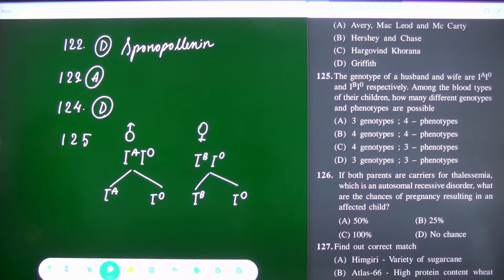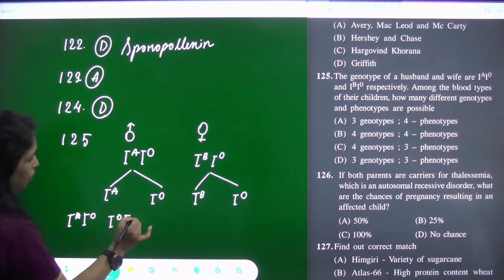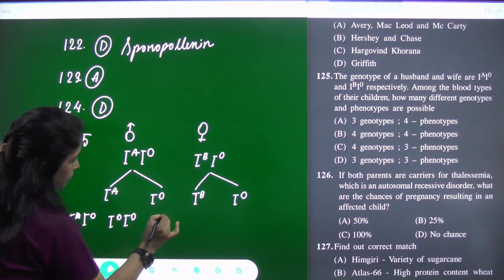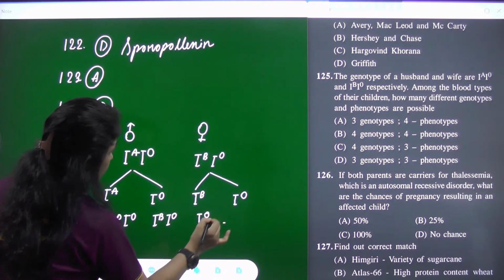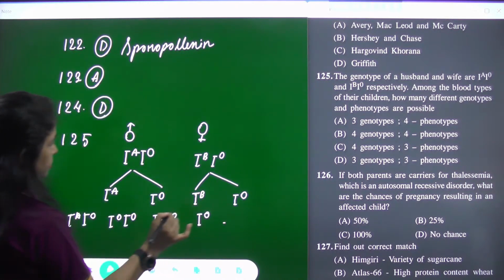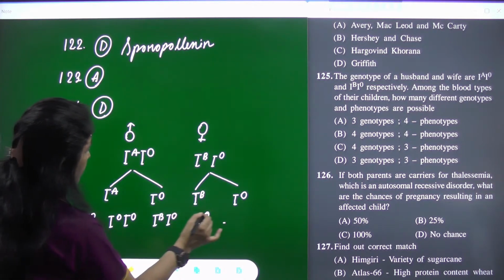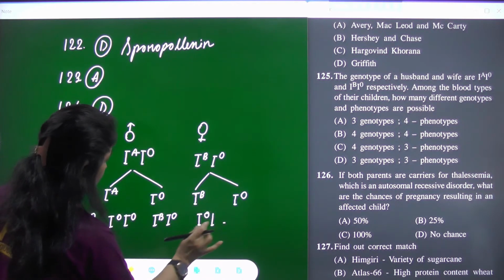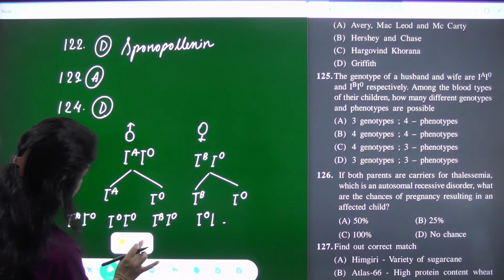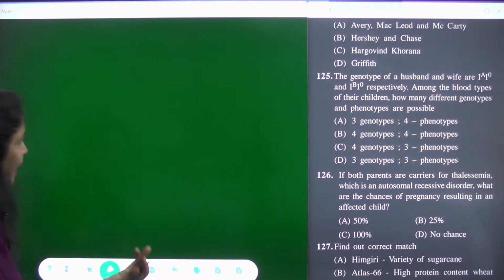So combinations will be what? IA, IO, IO, IO, IB. ओहो मैंने क्लीन कर दिया.